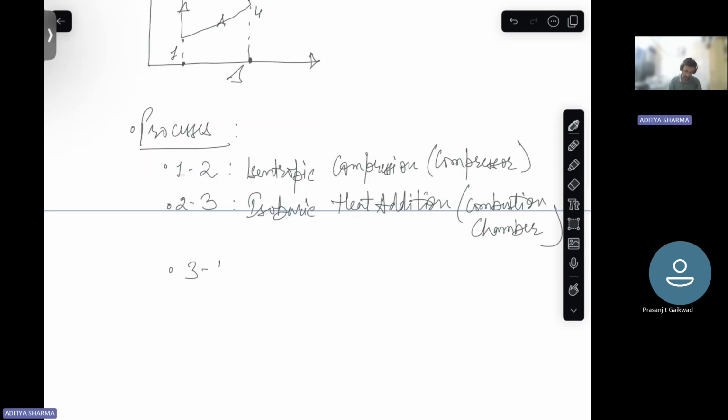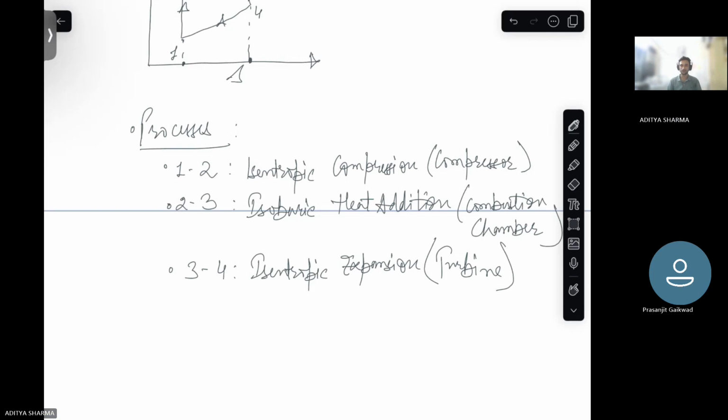Then 3 to 4 is very important. It is isentropic expansion. So how does this happen? This happens in a turbine, from where we get our useful work.